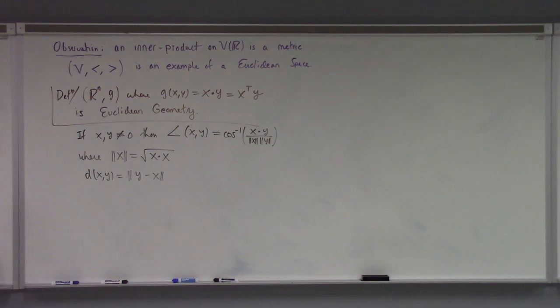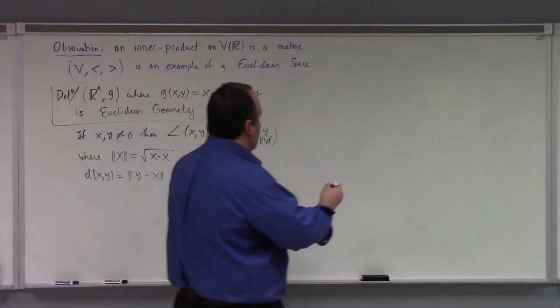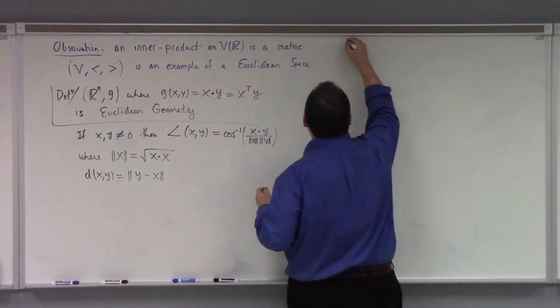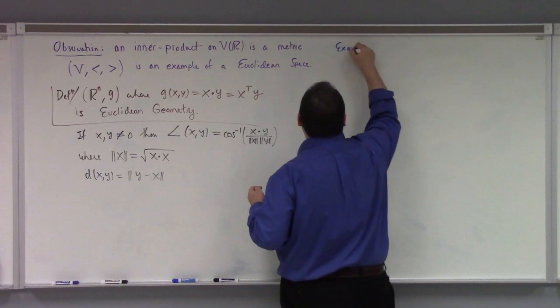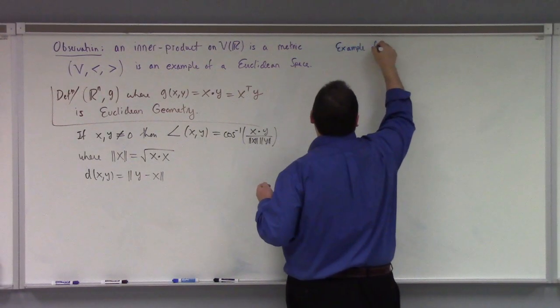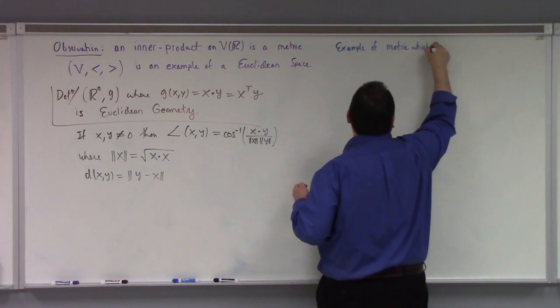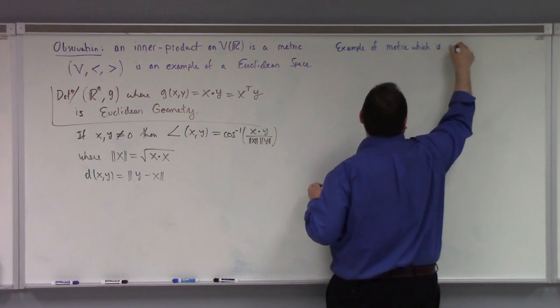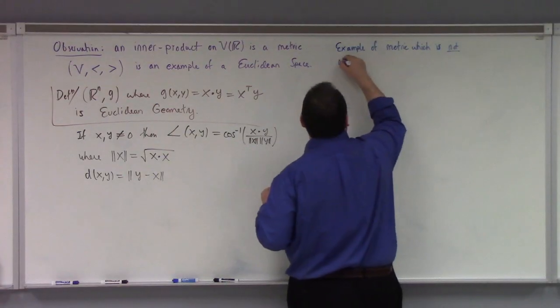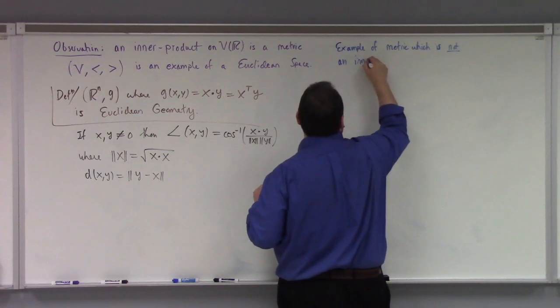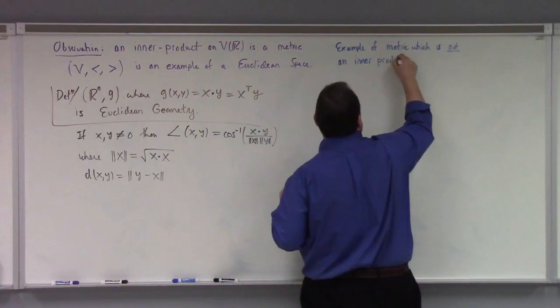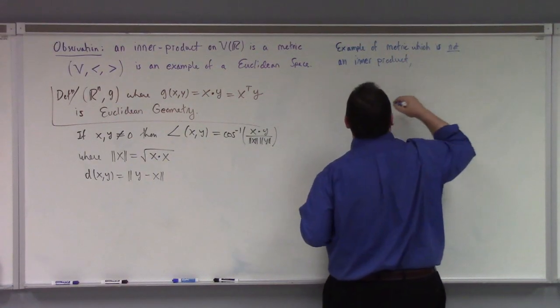Okay, so this is Euclidean. Now, a metric is more general. Like an example of a metric which is not an inner product would be the following.